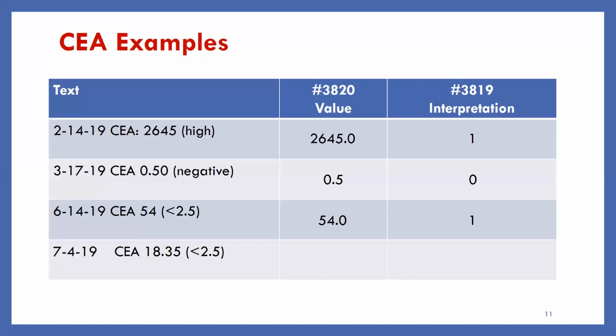Now this last one is 18.35, and the rounding rules say to round up, so we would round this to 18.4, and we know that is also high.